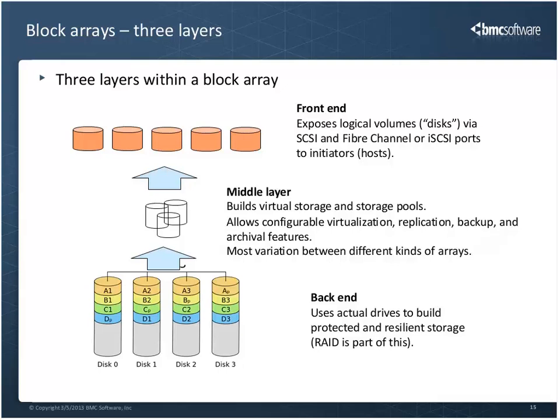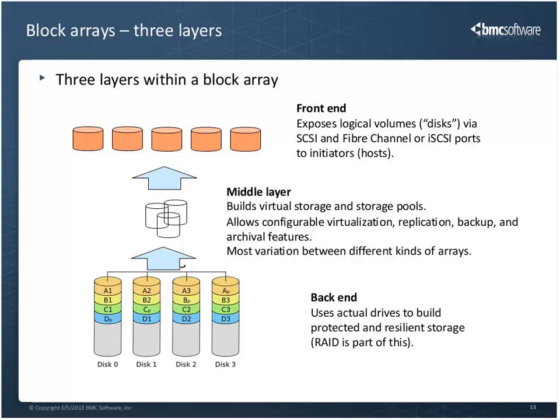It is the piece that exposes the logical volumes, which you might call disks, using SCSI and Fibre Channel protocols or iSCSI. And these are exposed as ports to initiators or host APIs that come in from the front end. So these are the external view of the array as far as the servers are concerned.